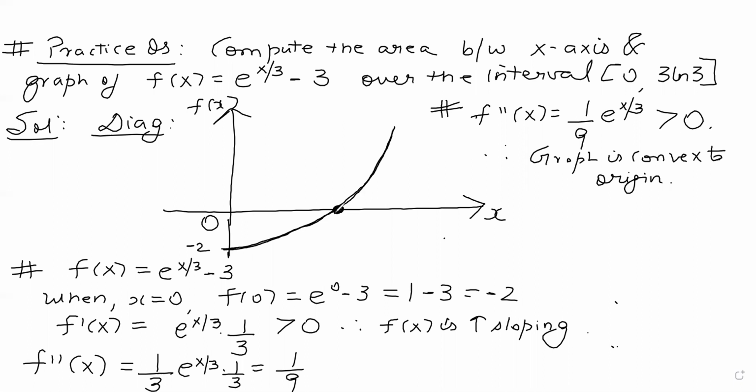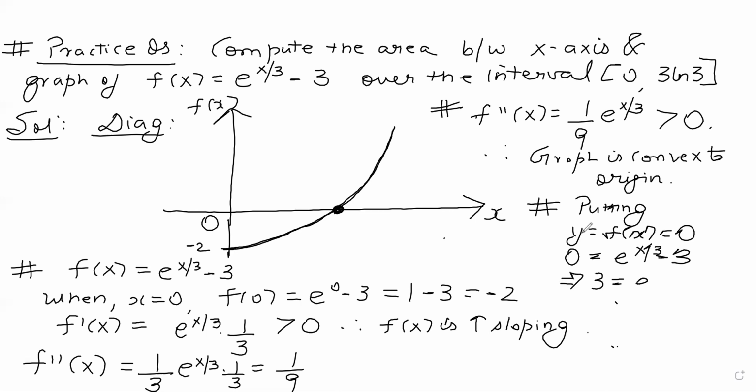How will we find this point? Put y as 0. Putting y equal to f(x) as 0, what do we get? 0 is equal to e to the power x by 3 minus 3, which implies 3 is equal to e to the power x by 3.